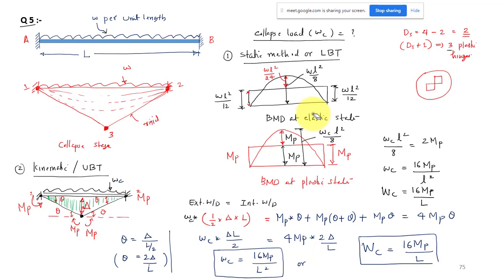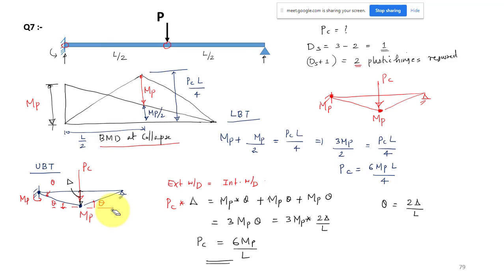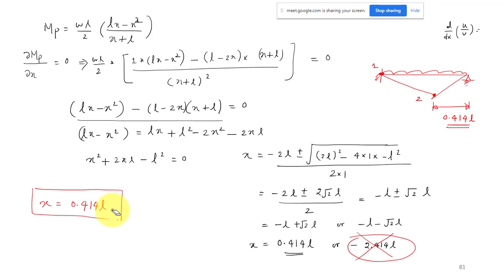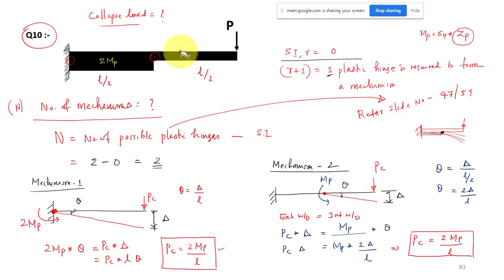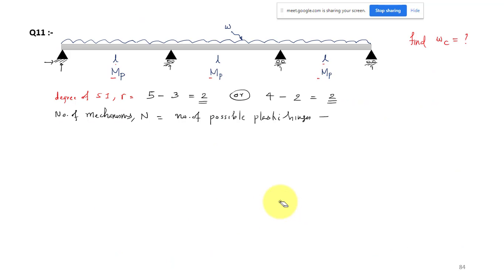So this is the mechanism, the mode of failure you are going to have. But when you come to a continuous beam or a beam with a change of cross section, you may have to check more than one mechanism. You may have to check all the possible mechanisms. Definitely for a continuous beam or frame, multiple mechanisms may be possible.